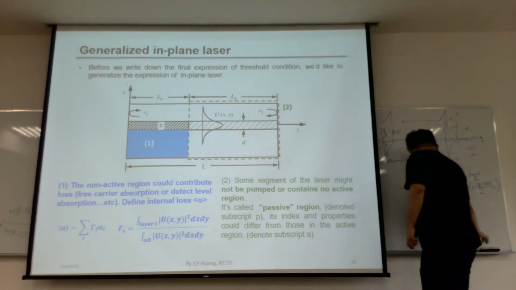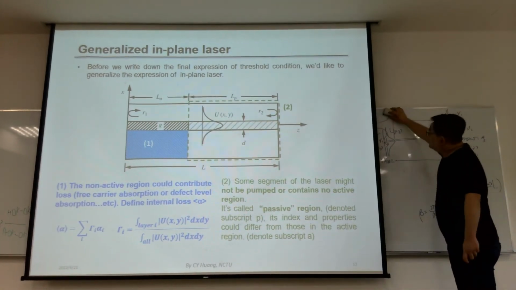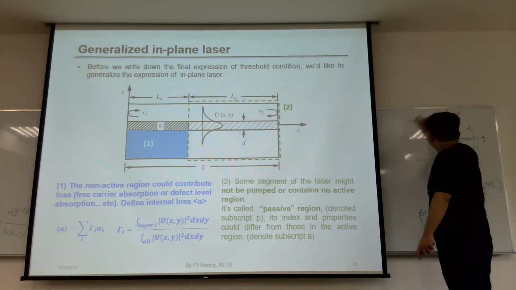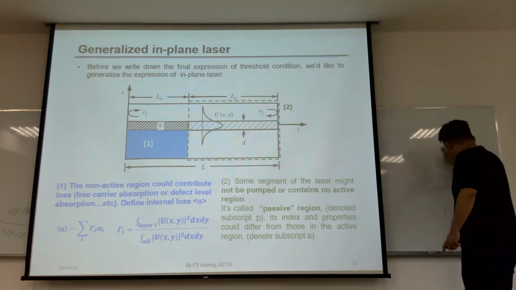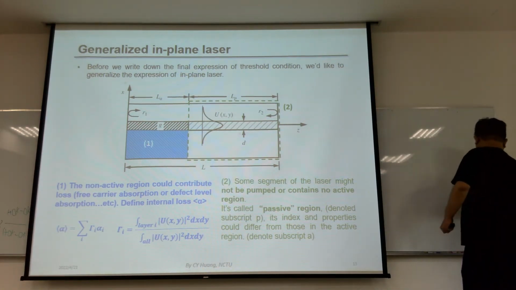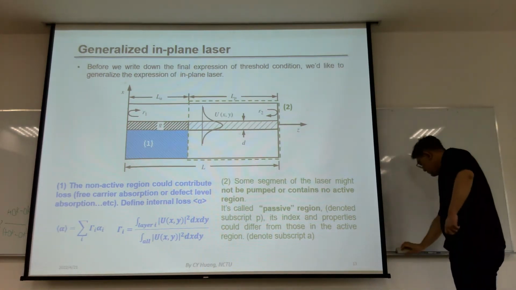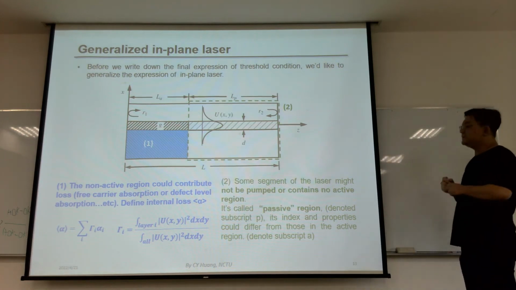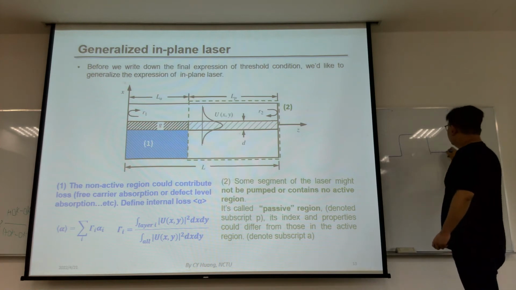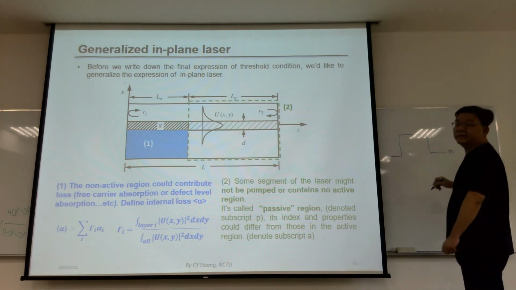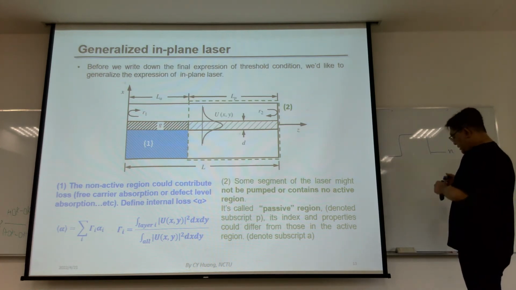And how do we calculate the internal loss? Let's consider a simple SCH laser, something like this. This is the refractive index.